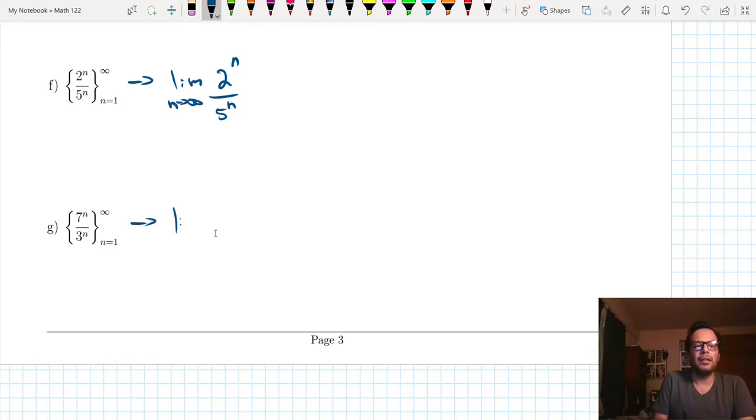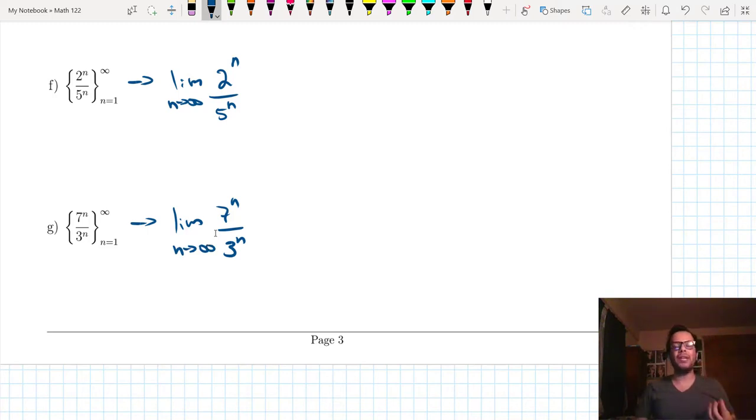And limit of 7 to the n divided by 3 to the n as n approaches infinity. Okay, we need to have a very good understanding of these two to see the differences between them, because in the next section we are going to use this when defining and describing a geometric series and determine whether they converge or diverge. So what is going to happen in this case?